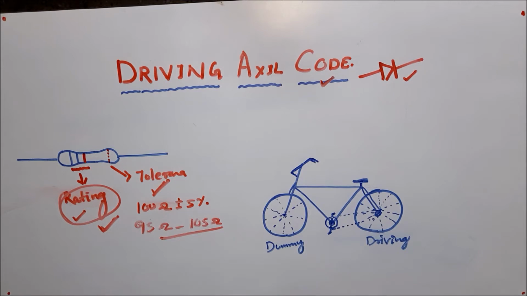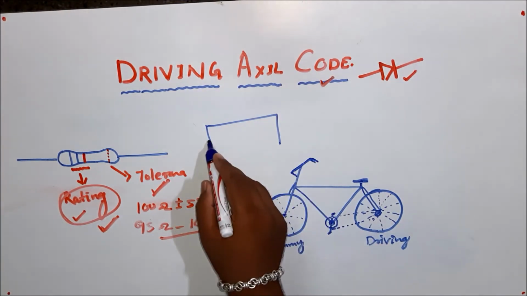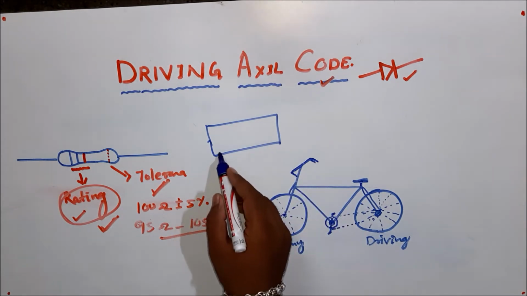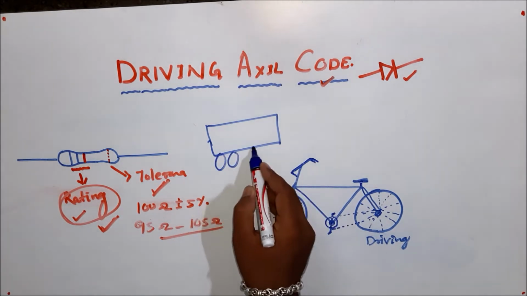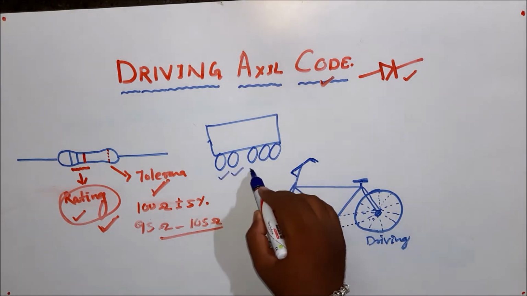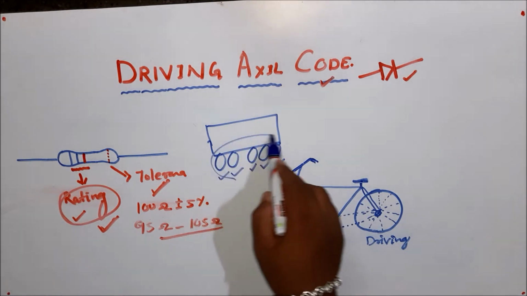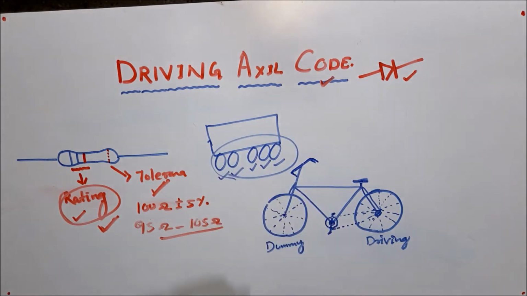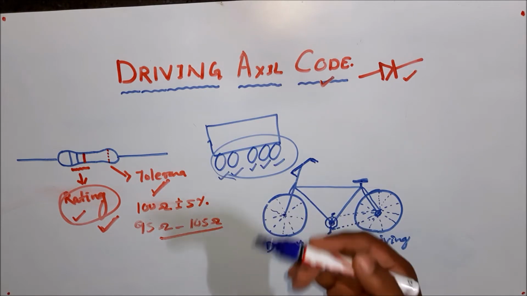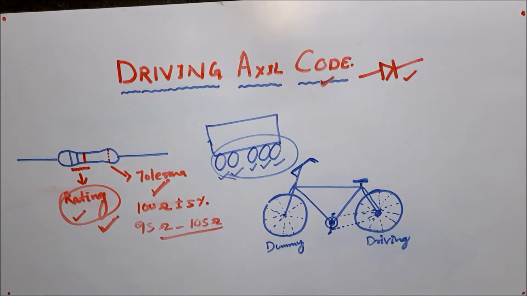Likewise, whenever we study the locomotive, in the locomotive we have many wheels. I will tell you why we go for many wheels. That is also important. Among all those wheels, not every wheel or every pair of wheels is connected to the motor, but some wheels are connected to the motor and the remaining are not.